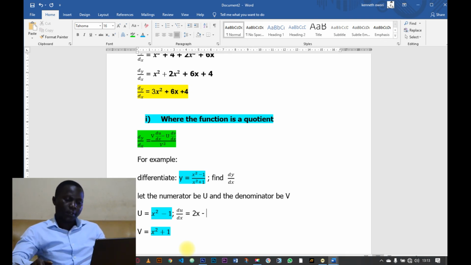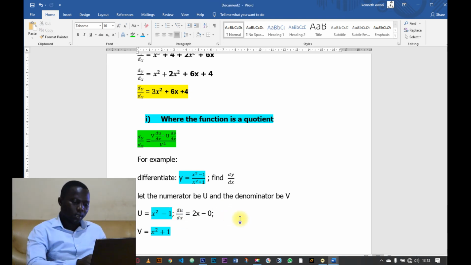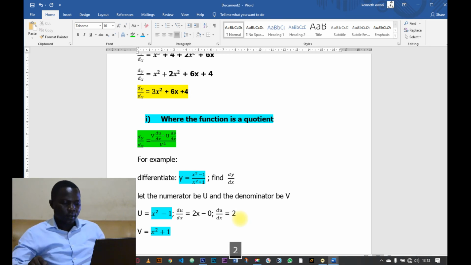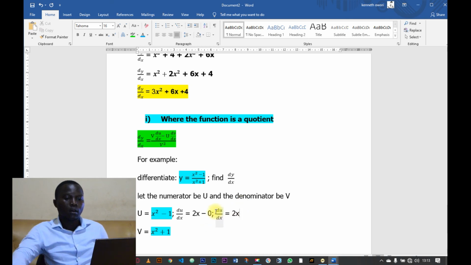If we differentiate 1, which is a constant, we get 0. So our du/dx would be equal to 2x. In other words, when you differentiate x squared minus 1, we get 2x, as you can observe.